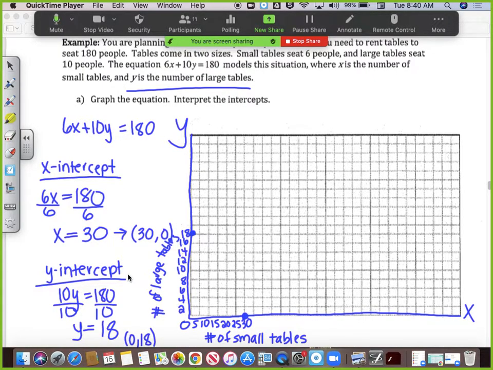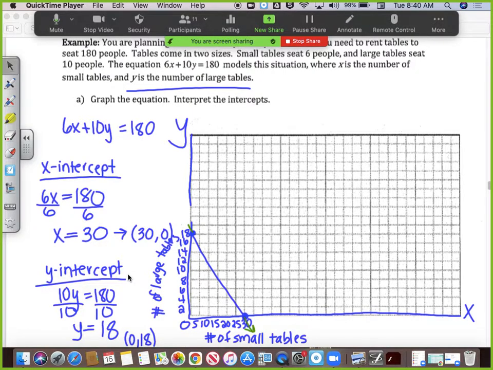Once you have your x and y intercept to graph, then you would just connect the 2 points. In this case, only the first quadrant is seen. So yesterday I told you how when I want you to graph, I want you to have the arrows continue on in both directions. But technically this graph stops here because none of the negative numbers make sense for this graph.